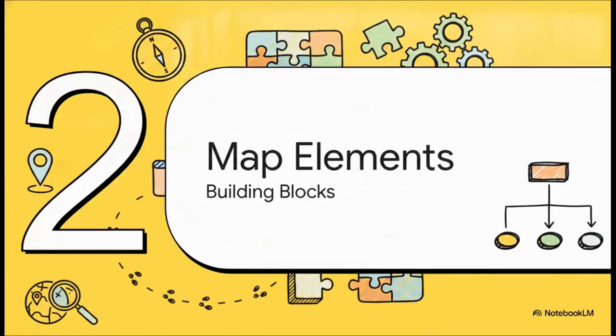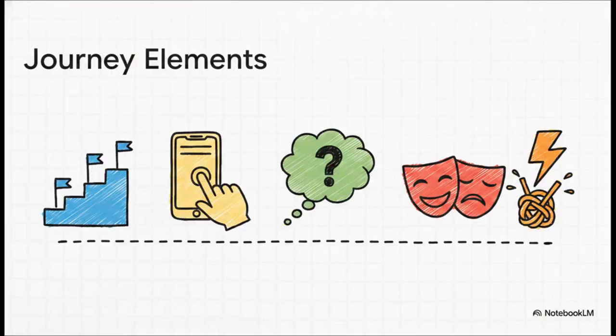Now that we've got the why down, let's break down the how in Section 2, Elements of a Journey Map. Let's look at the actual building blocks. A standard journey map usually includes these 5 foundational elements. First, the stages. These are the high-level steps of the experience, like our search, select, buy, use example. Second, user actions. What are they physically doing right now?